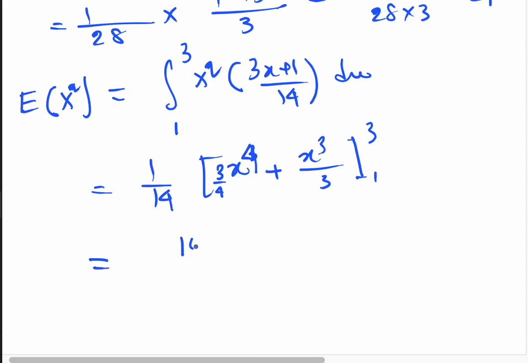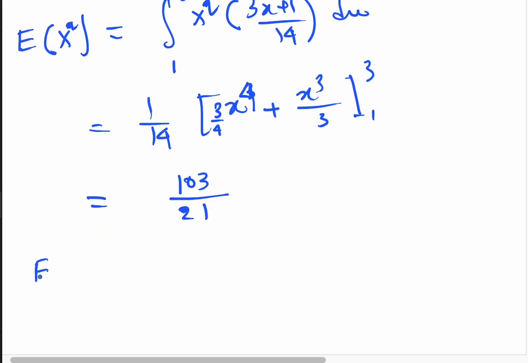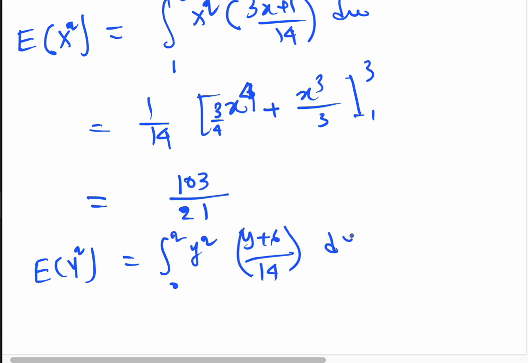So this is 103 by 21, and similarly expectation of y square is 0 to 2 y square y plus 6 by 14 dy. This will be 10 by 7.